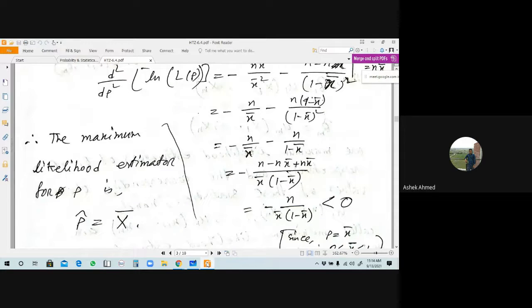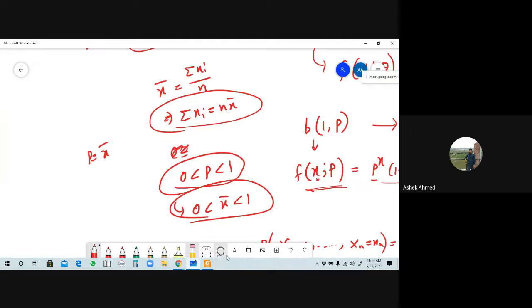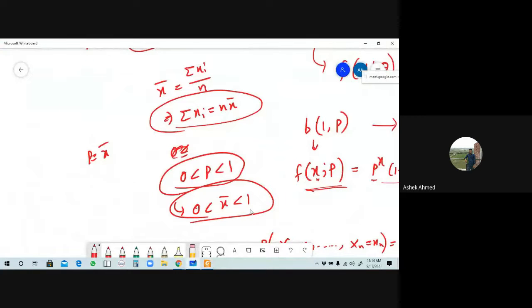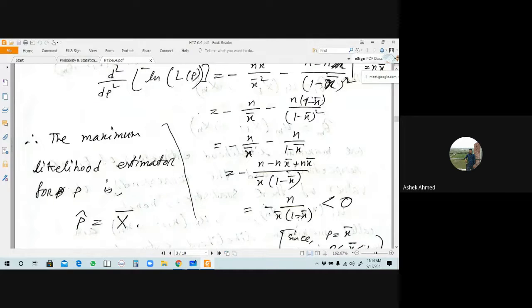And x bar is positive here, that is 0 up to 1, and 1 minus x bar, since x bar lies between 0 and 1, this can't exceed 1, so if you subtract x bar from 1, that will also be positive. So n is positive, x bar is positive, and 1 minus x bar is also positive, but in this case the sign is negative.